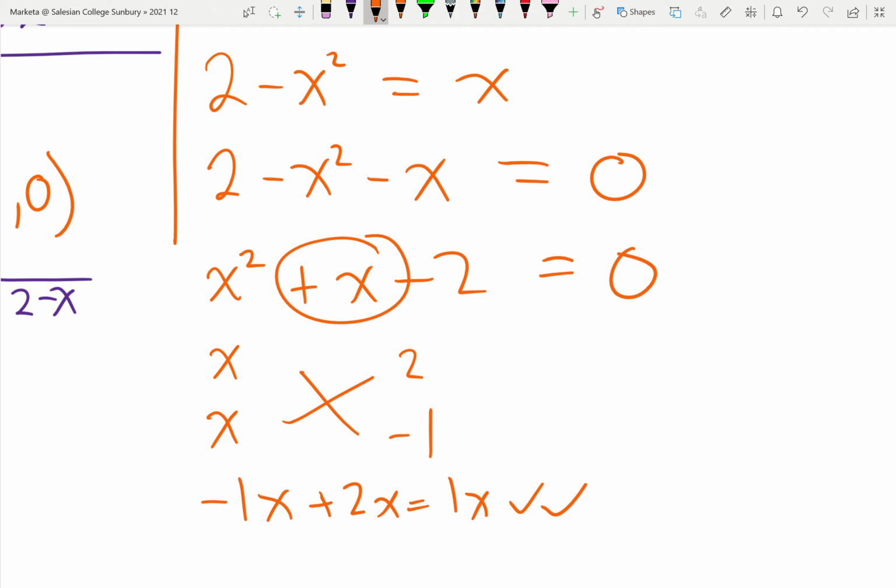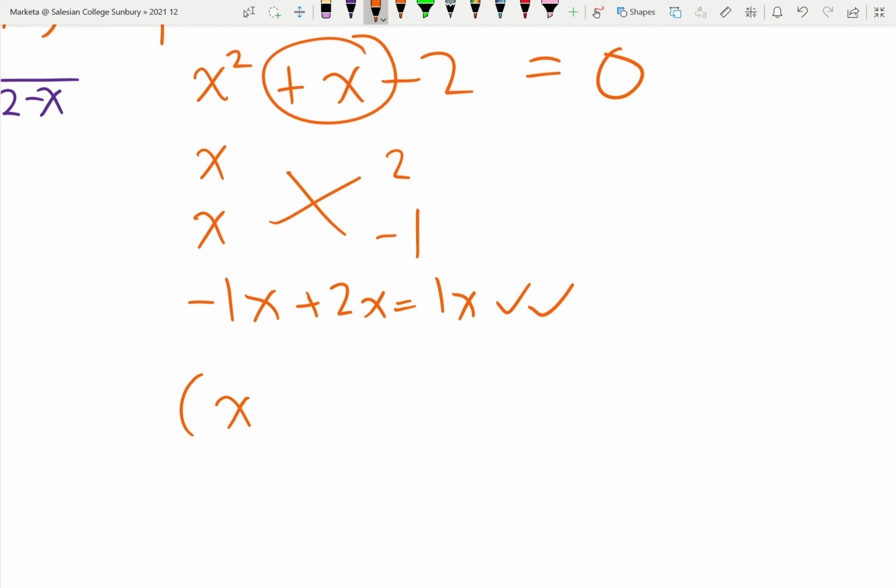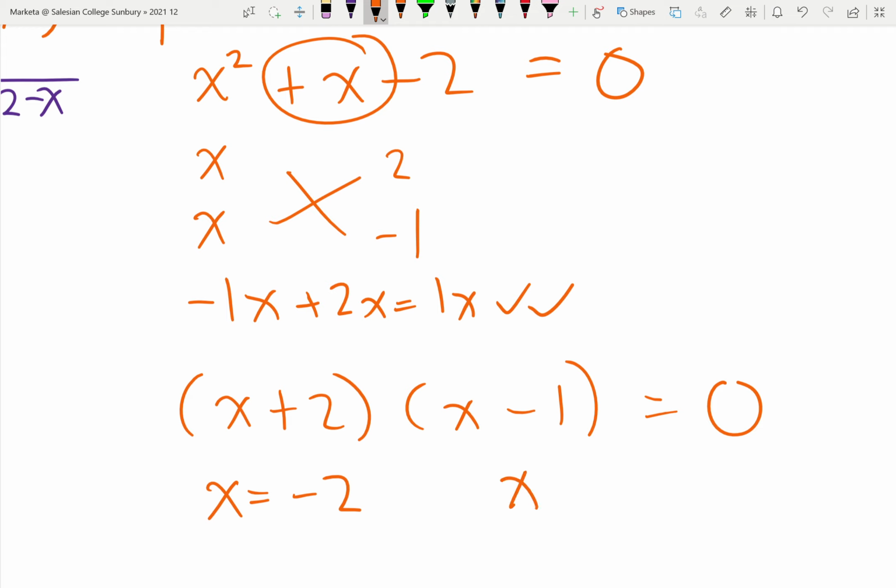So our intersection points, we're getting two values for x, and we'll talk about those in a second. So x could equal negative 2 and x could equal 1. So we need to look and see, well, what's going to be the one that works. So x is either 1 or negative 2.